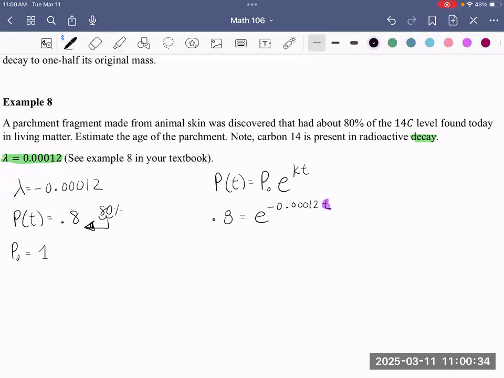And you'll notice that we can right away take the ln of both sides because nothing needs to be divided or come over. So we have ln of 0.8 is equal to negative 0.00012 t. So let's go ahead and divide.